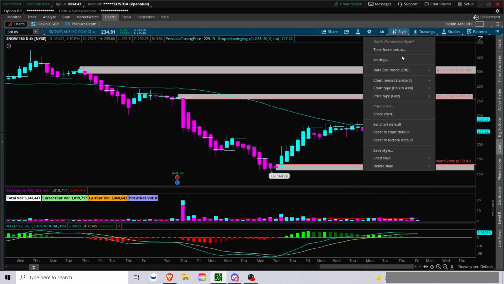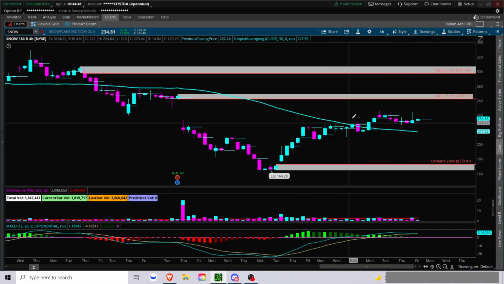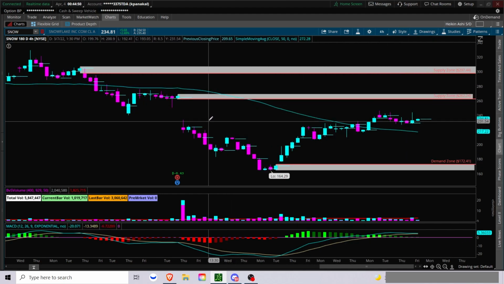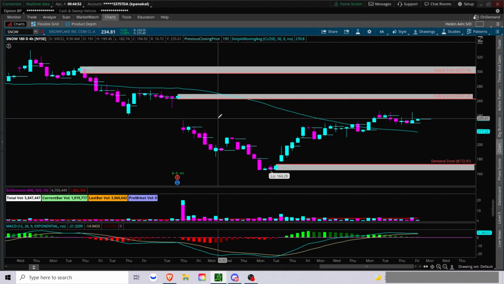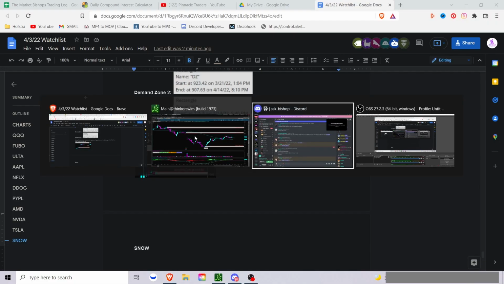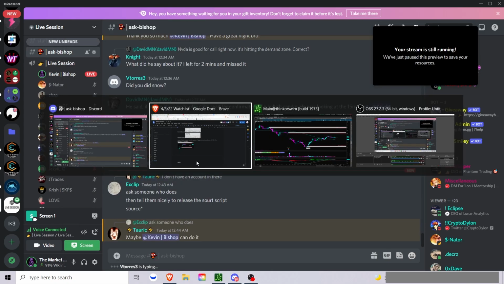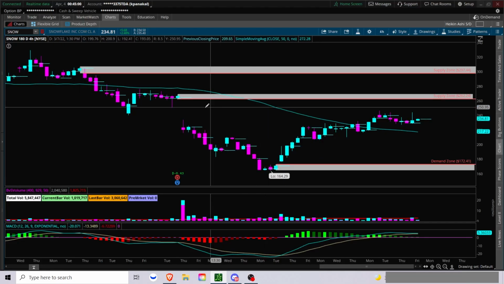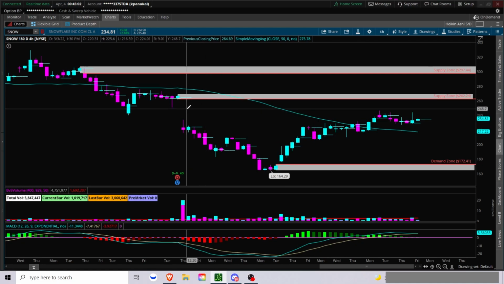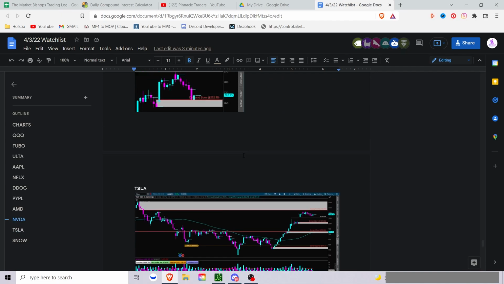Now let's see if there's anything support and resistance wise. Just like what was it, Netflix? What other ticker like this? Was it NVDA with this gap down?